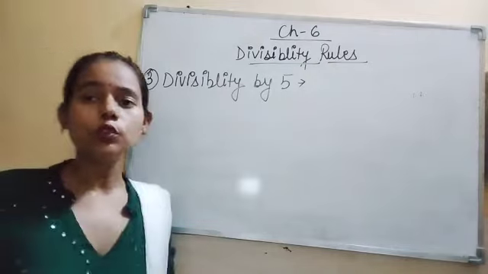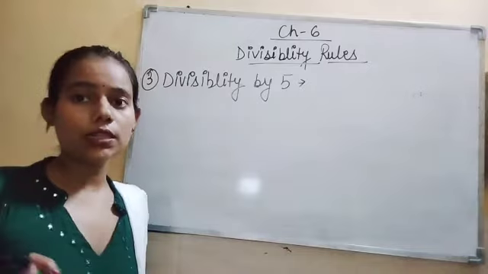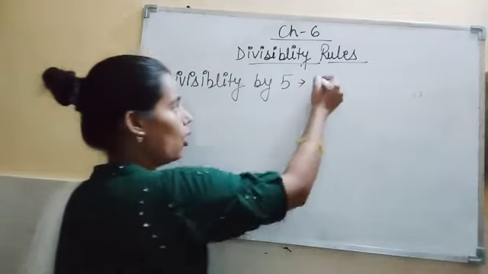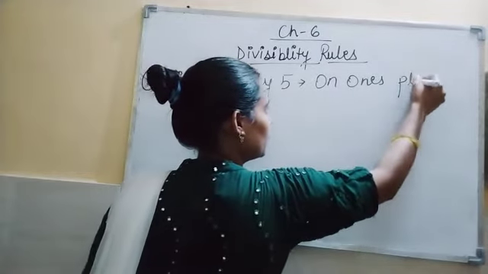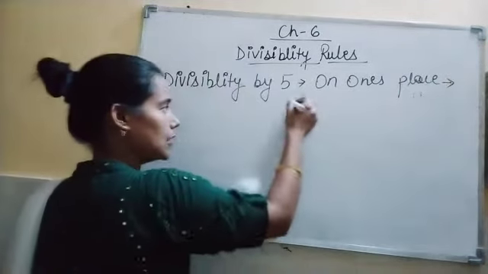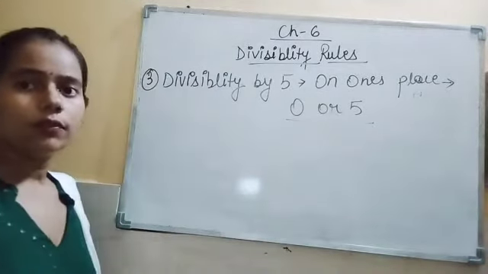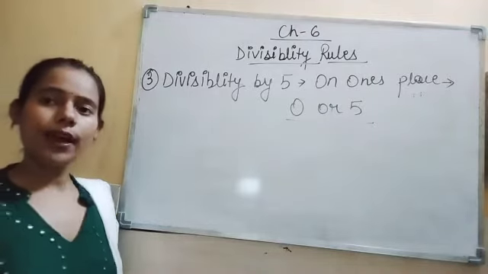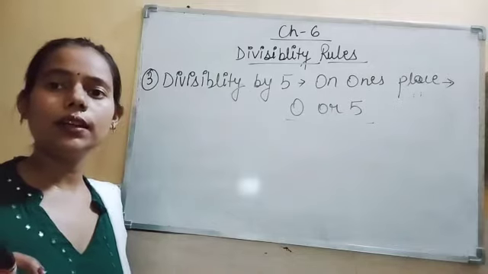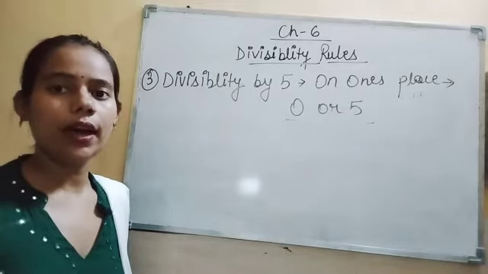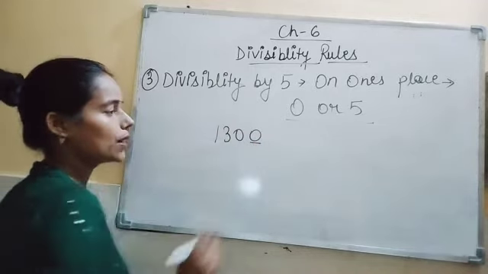So class, the rule of 5 tells us that if the digit on the ones place is 0 or 5, we need only two numbers, whether it is 0 or 5, then the number is divisible by 5. Otherwise, if we are writing any other number besides 0 and 5, then we can't divide it. Like if I have 1300, the digit on the ones place is 0.